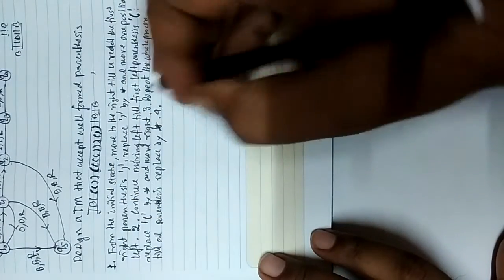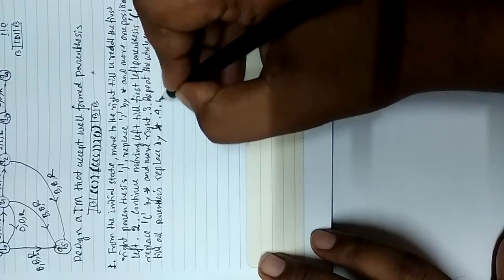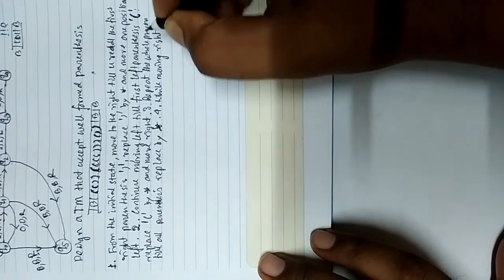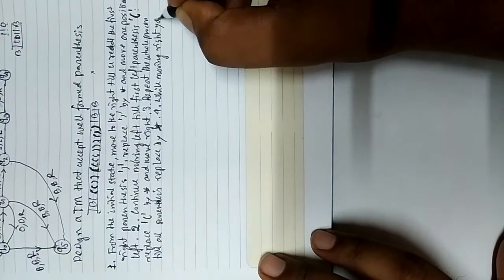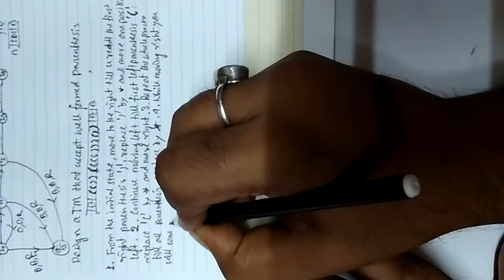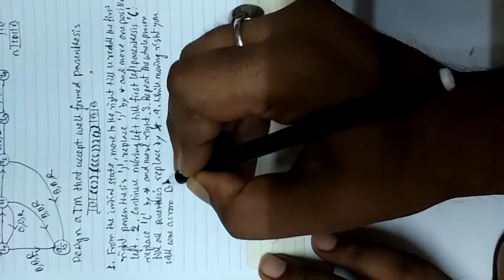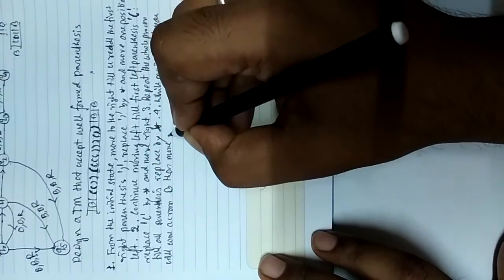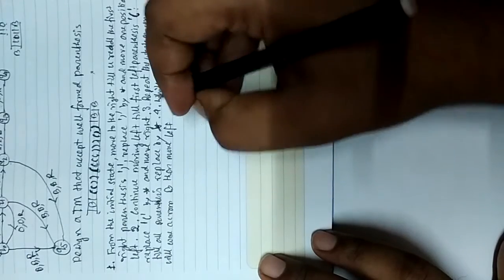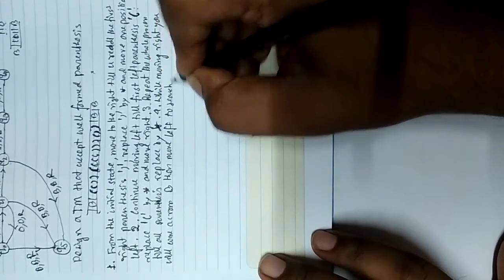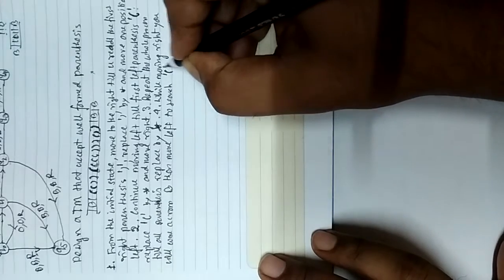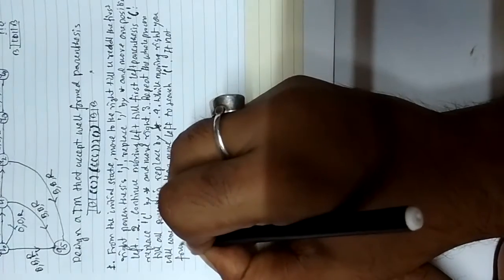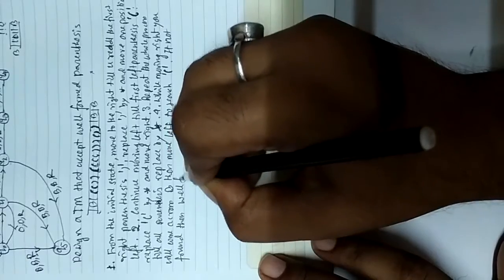So I am writing that: while moving right, you will come across B, then move left to search for this one, that is an opening brace. If not found, then it is well formed.